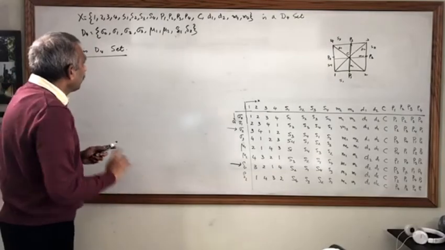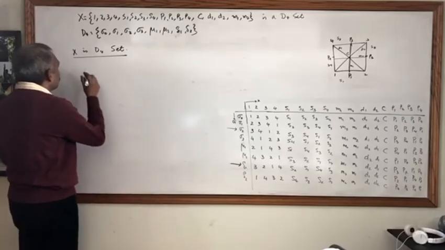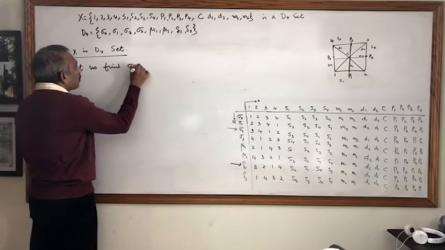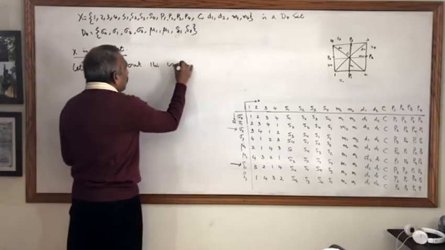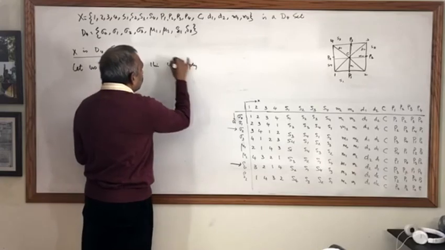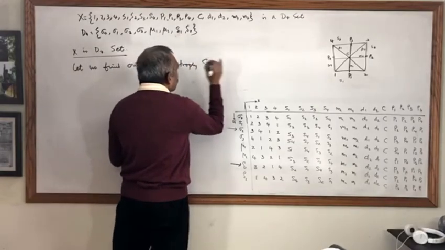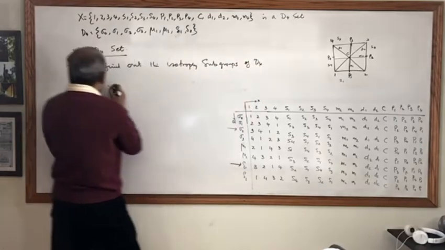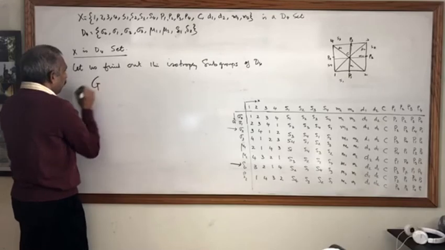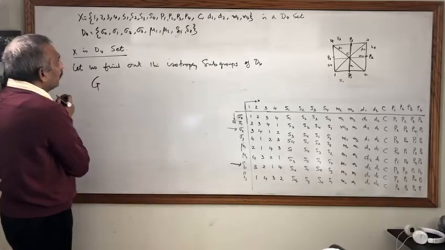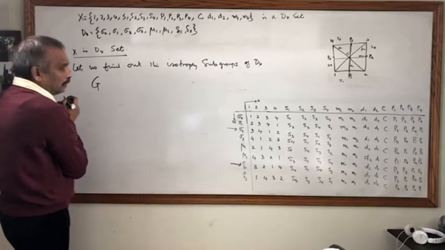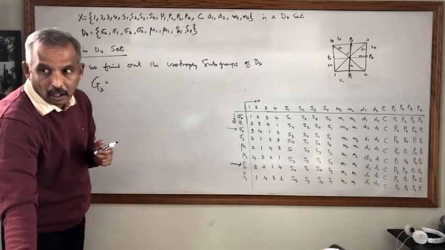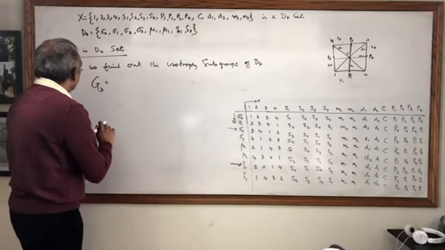Now let us find out the isotropy subgroups of D4. Namely, let us take G3. So what is this?